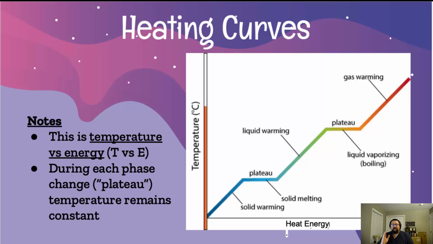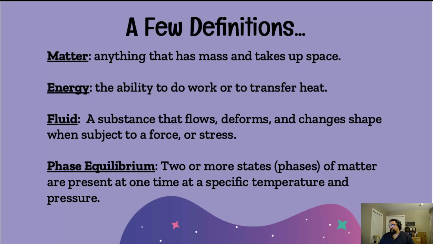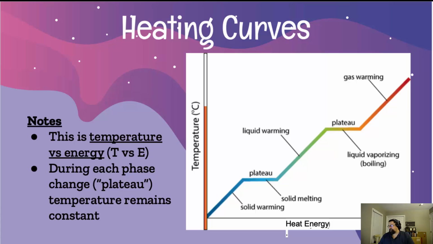As we add heat energy, temperature tends to go up, but it's not always the case. This gets back to what we call phase equilibriums in our definitions. So if we start down here at the bottom, we have low temperature, low energy.